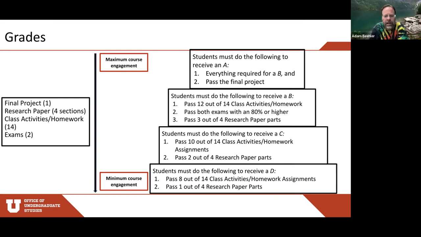I appreciate this, Kat. I need to work out a better way for them to revise. If we flipped my scenario where all the research papers are good, but they didn't pass the exams or the homework, again, they're in between. They're like, what? I did all this other work. I should get it. It's just this one thing. Well, it's the lowest thing. Here's the menu. You knew about it.